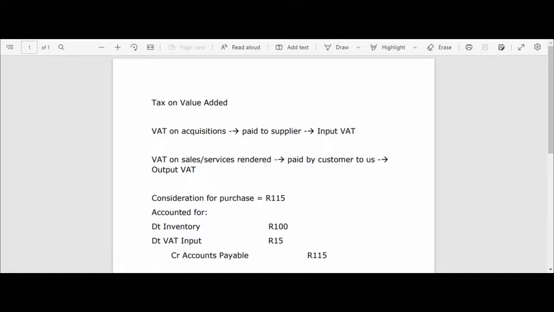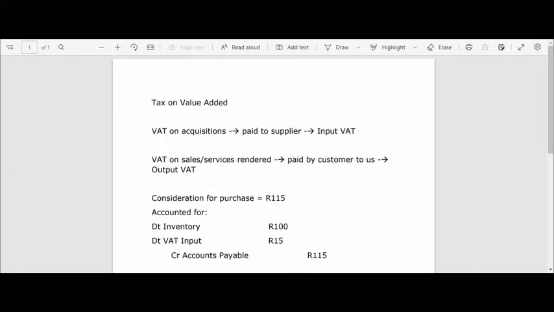So we are going to credit accounts payable or creditors if you wish, or creditors control with a full 115 because we have to pay the full consideration to the supplier, which means we've got a debit of 100 and a credit of 115. And as you know, we cannot tolerate a journal entry that does not balance. So we have to have another debit of 15 rands to make this journal entry balance.